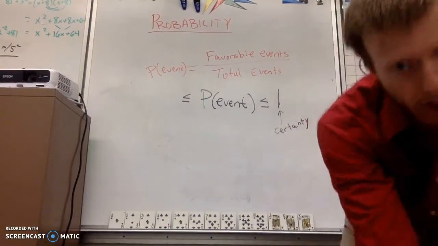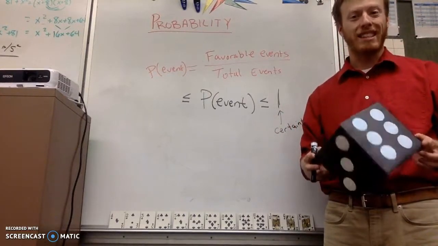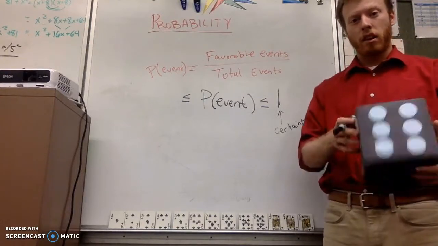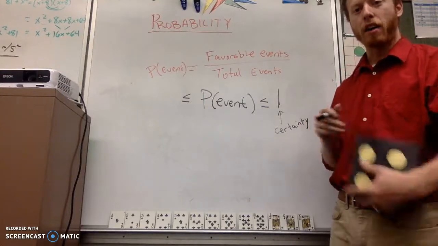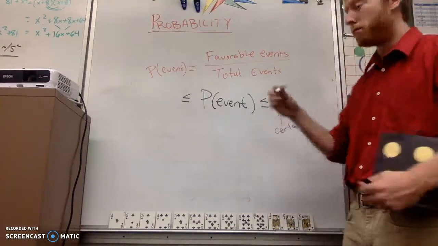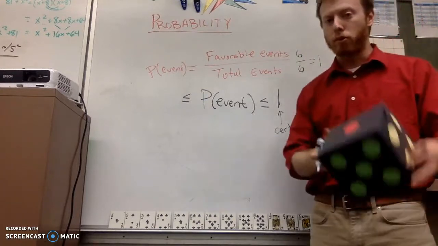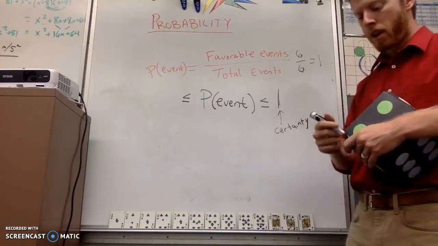So, for example, what's the probability that I get a number less than 7 when I roll this die? Well, I have 6 numbers that work in that favor out of 6 total numbers. So in this case, it's an absolute certainty that when I roll this, I'm going to get a number less than 7.